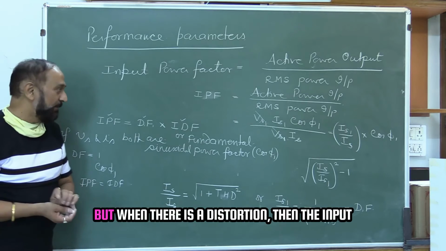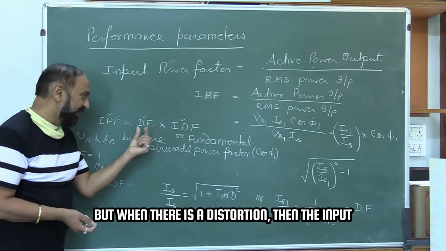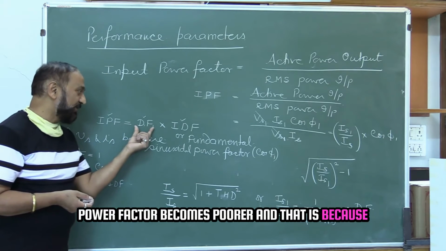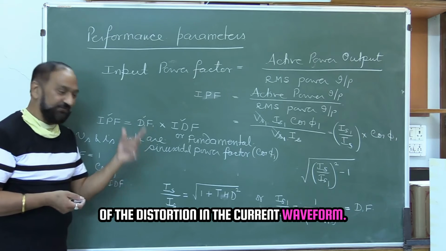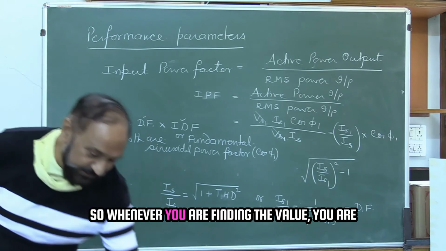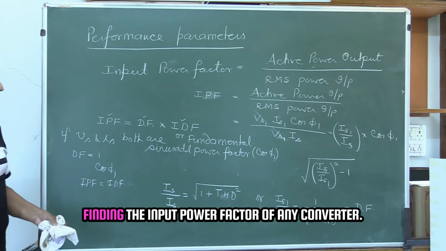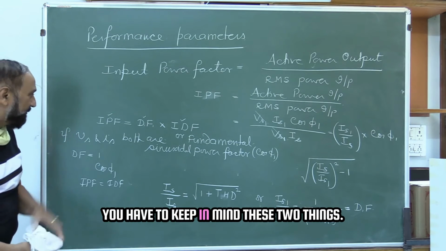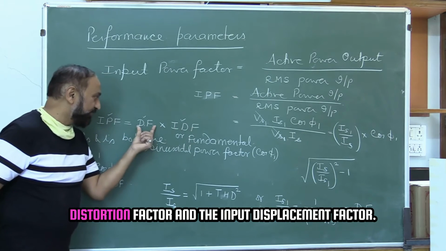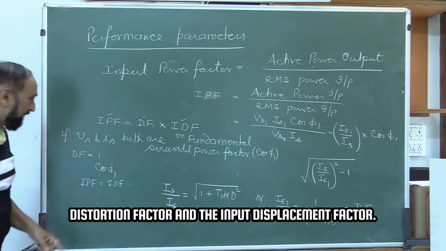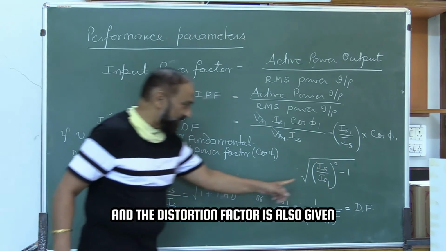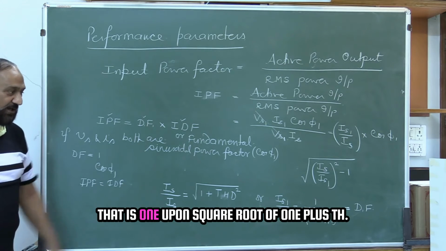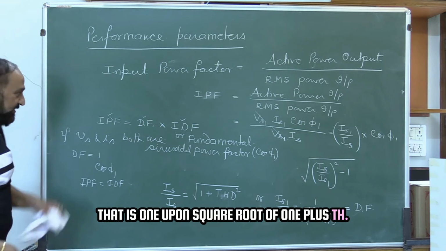Ideal condition. But when there is a distortion, the input power factor becomes poorer, because of the distortion in the current waveform. So whenever you are finding the input power factor of any converter, you have to keep in mind these two things, distortion factor and input displacement factor, and the distortion factor is also given in terms of total harmonic distortion, that is 1 upon square root of 1 plus THD squared.